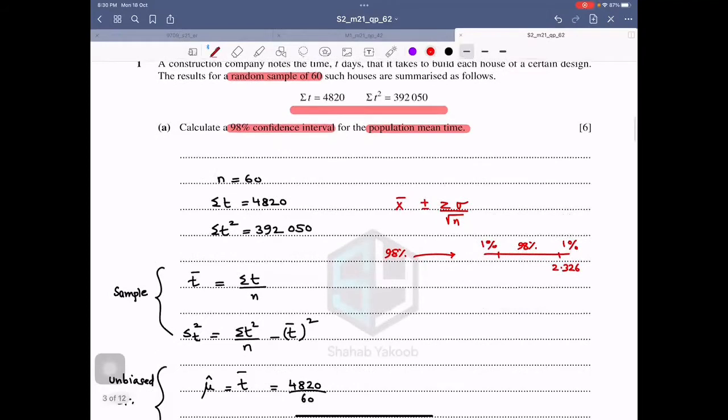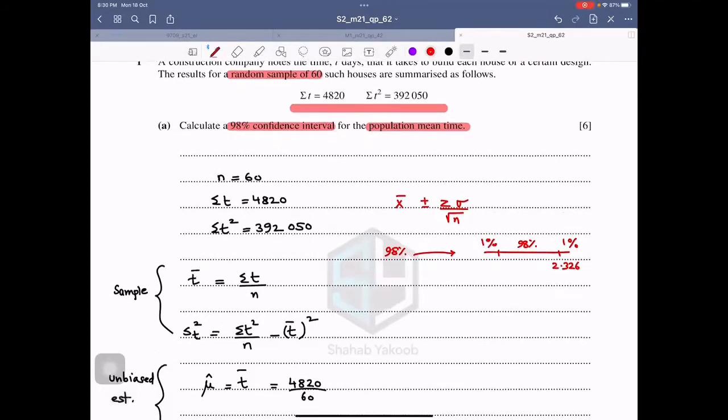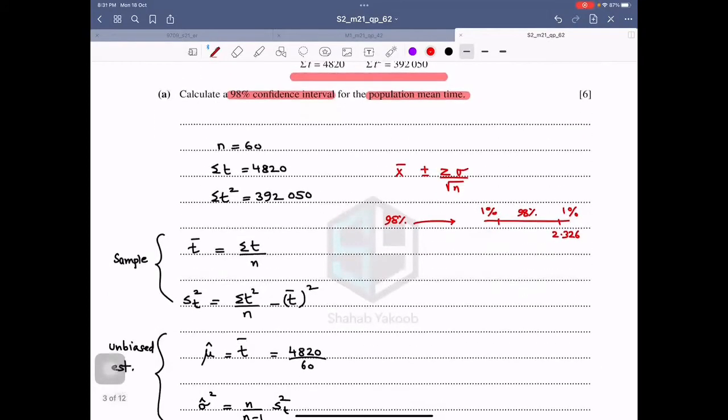So therefore, x bar or t bar, whatever the value is, let me look at a calculator. And therefore, this is 4820 divided by 60 plus minus the z value 2.326. Sigma is what you have calculated initially, whatever that comes out to be.